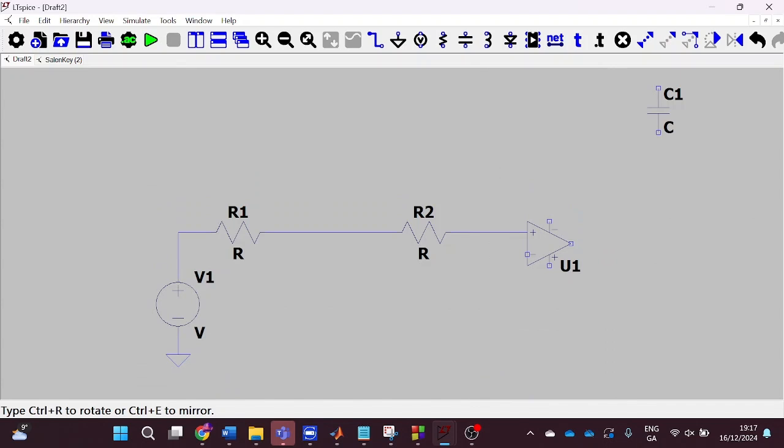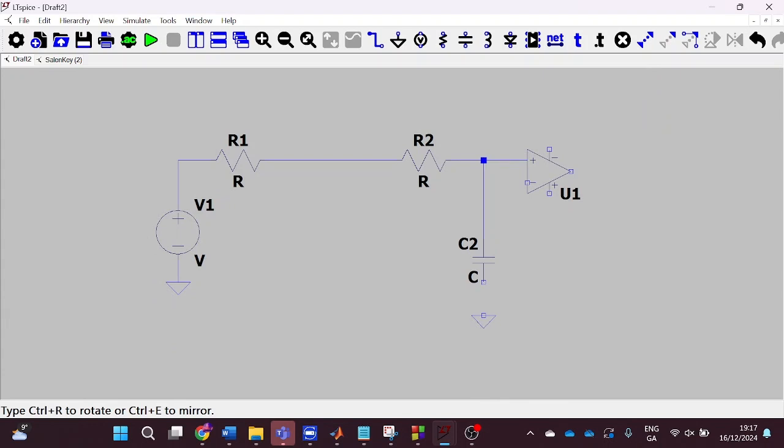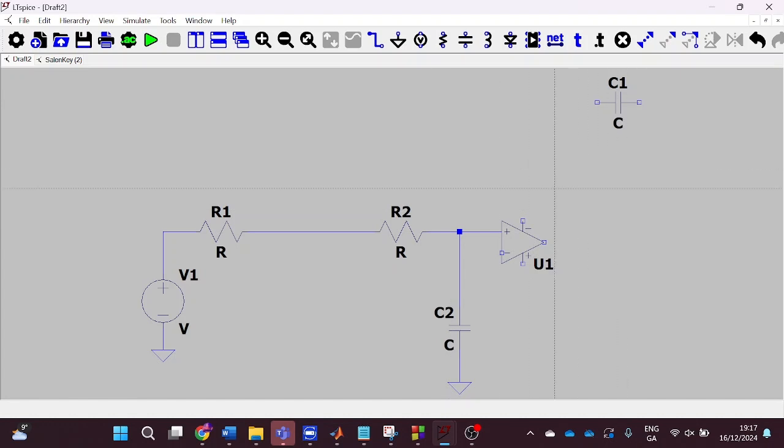Now, just going to put in the capacitors. C1 here, and C2 is just going to go down here. Again, just hook that up, just like so.